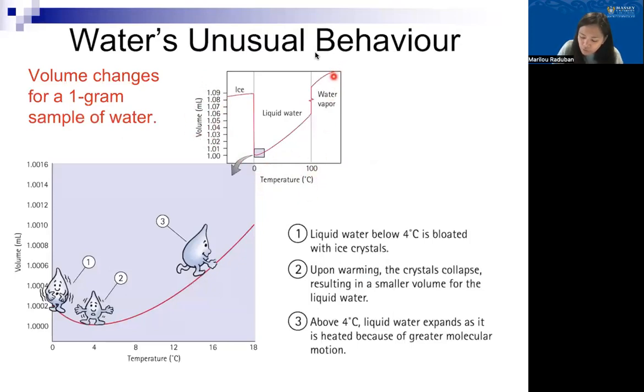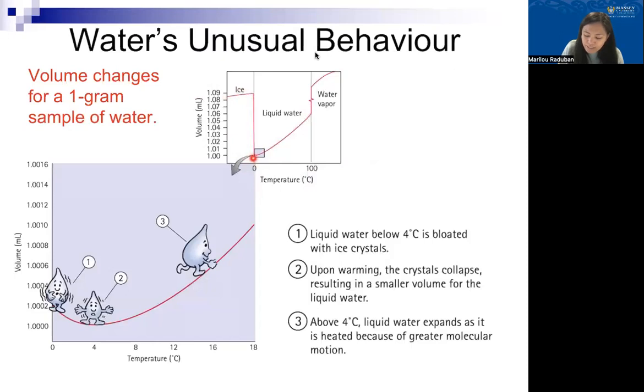If we start from a high temperature, we see the usual case. As the temperature decreases, the volume of the water also decreases as the water contracts, and that's usual. But as it approaches the freezing point, 0 degrees, and as liquid water turns into ice, notice this big jump in the volume.